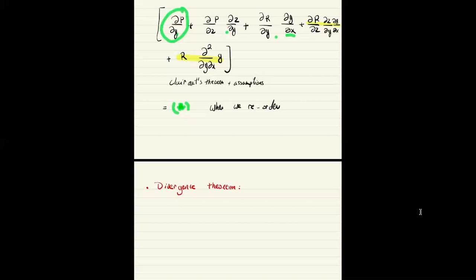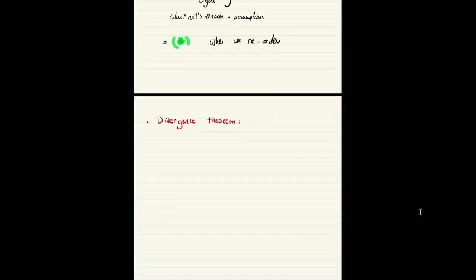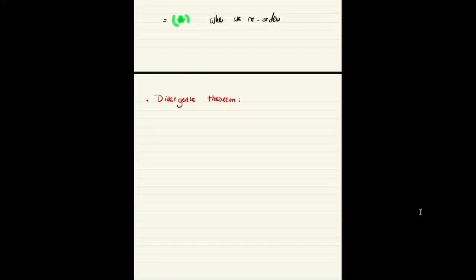Now I want to spend the last hour talking about the divergence theorem. The divergence theorem is going to be kind of similar to Stokes theorem, but it gives the relationship between two other species of integrals. So let E be a simple region, and here simple means that it is simultaneously a region of type 1, 2, and 3.